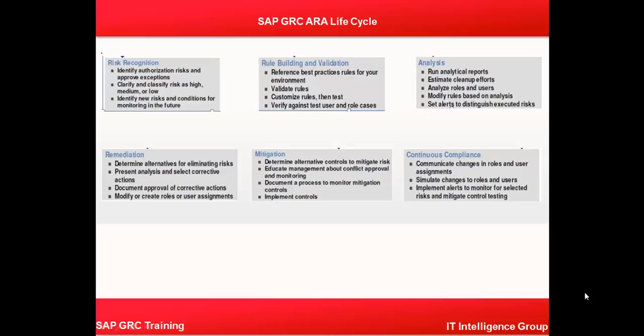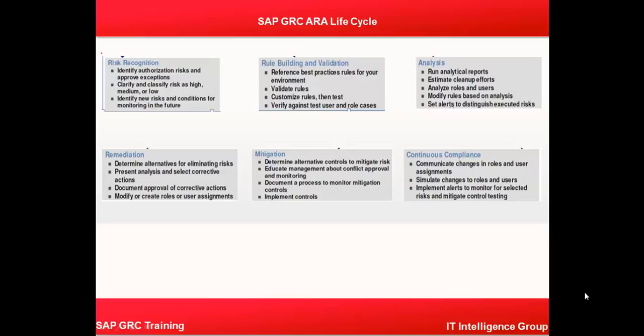We run the analytic reports based on the rules that we have created, based on the risks which are recognized, based on the categories of different risks. We run the analytic report and estimate cleanup effort. So that is one-time cleanup. Once we have the analytic reports, we find out what it takes to get compliant.